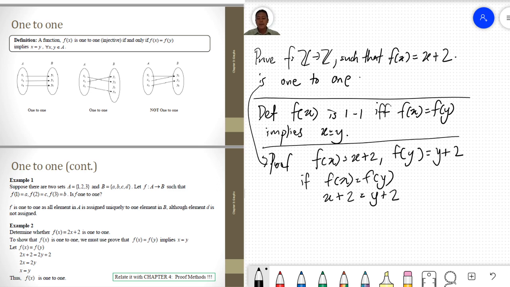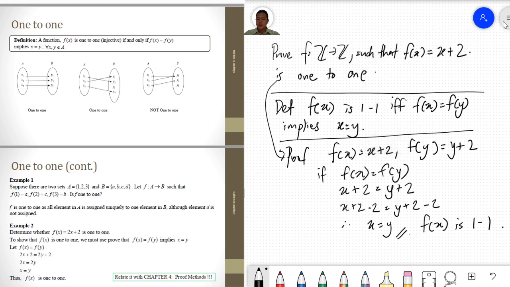Based on simple linear equation solution, you minus 2 at both sides, then x equals y. Therefore, my conclusion is f is one-to-one. Very simple, by using the definition.